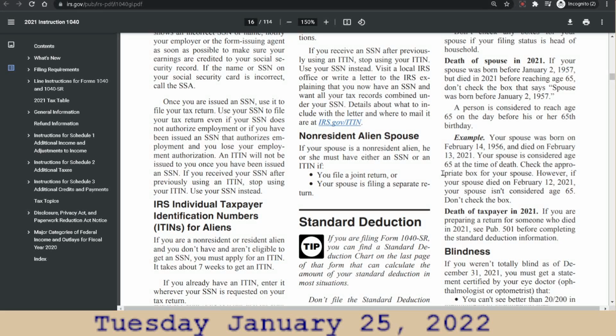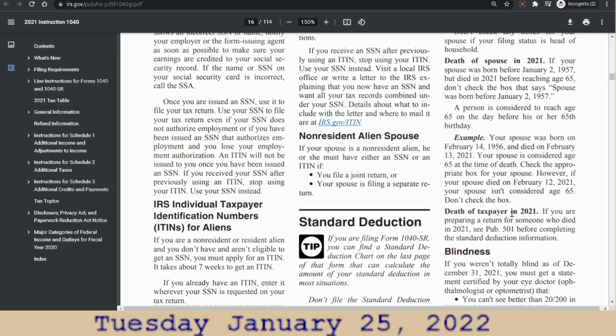Check the appropriate box for your spouse. However, if your spouse died on February 12th and they were born on the 14th, your spouse is not age 65. Don't check the box. So these considerations are very important for anyone age 65.